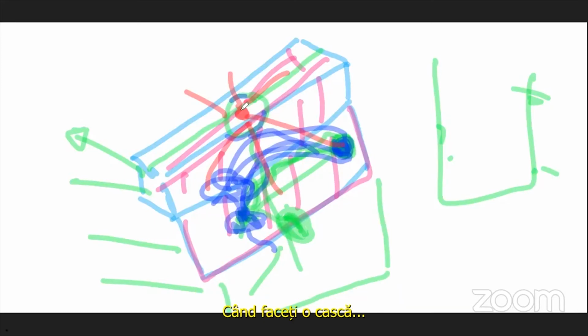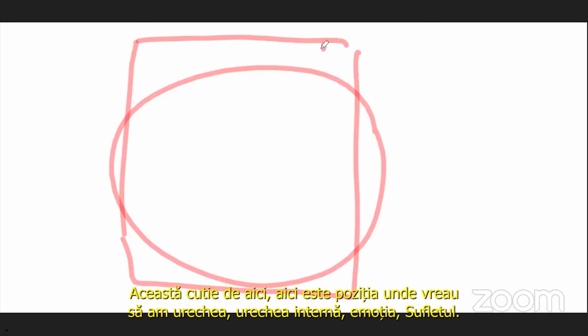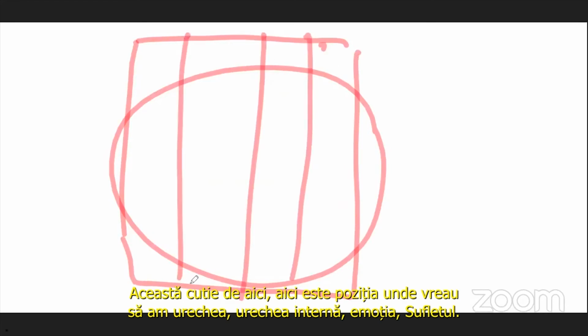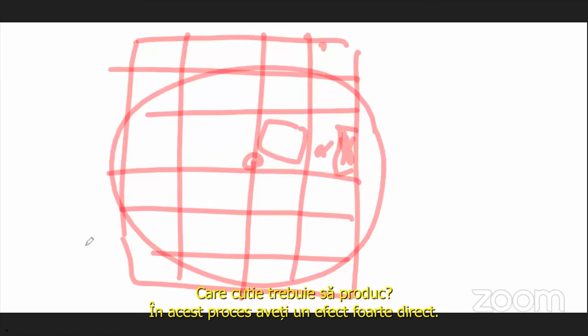When you make a helmet, get the box. Now you want to make a helmet. This box here, this is the position where I want to help the ear, the inner ear, the emotion, the soul. Which box do I need to produce what? In this process, you have a very, very direct effect.